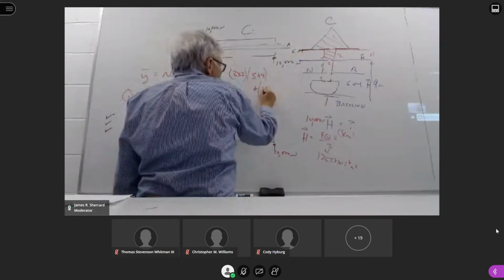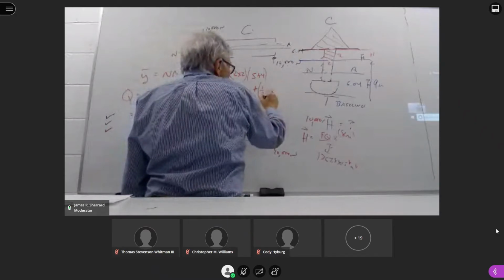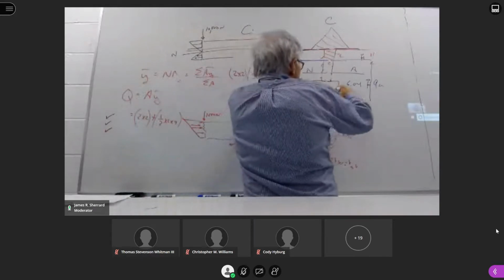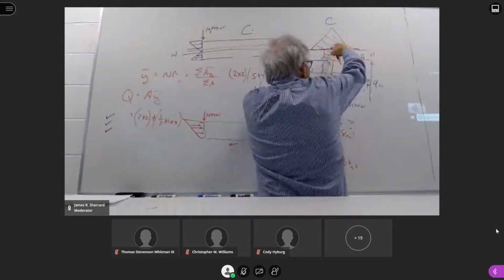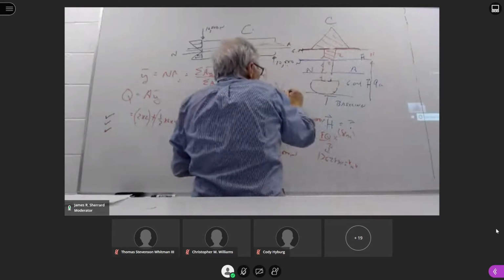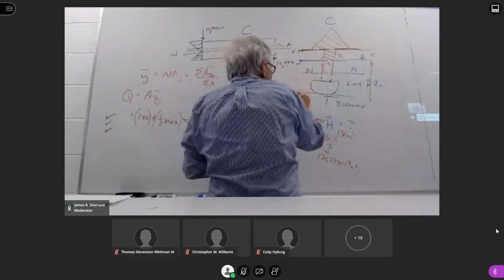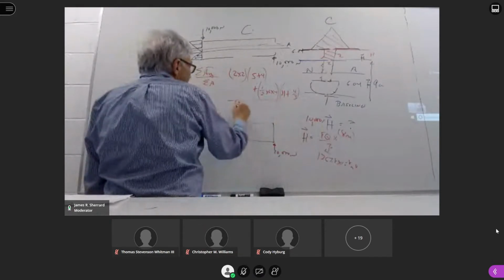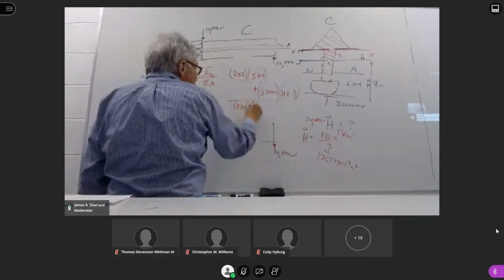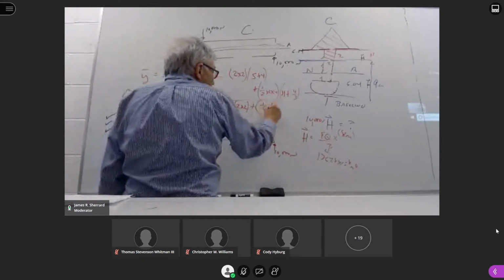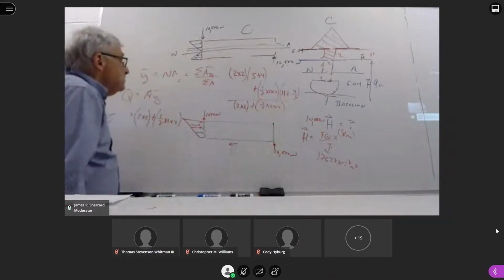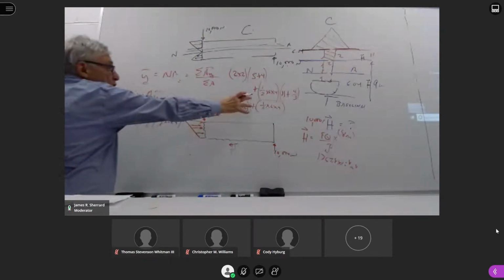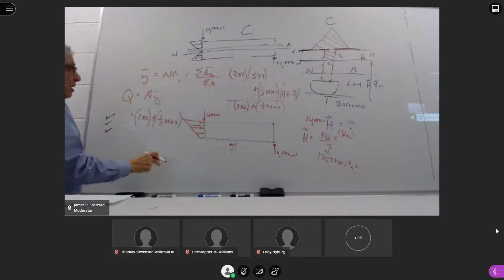Plus the area of the top, which is 1/2 times 6 times 4, times this centroid, which is from here to here, it takes you 5 plus 6. It's going to be 11 plus the 4 over 3 again. All of this divided by 2 times 2 plus 1/2 times 6 times 4. Okay. This is the area. When you do this algebra, this is the Y bar.